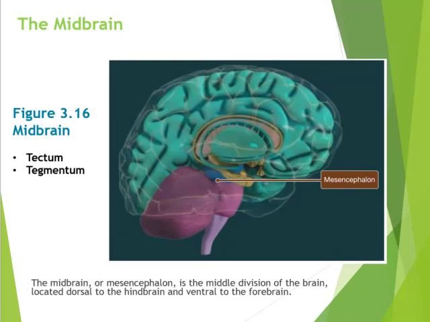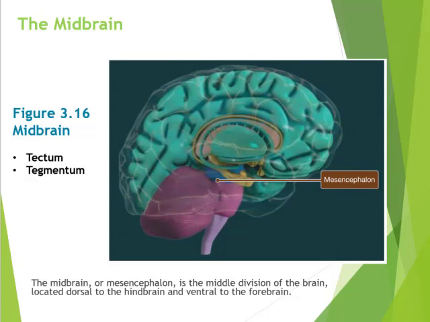The midbrain includes two major brain regions, the tectum and the tegmentum. The tectum is the roof or the dorsal portion of the mesencephalon. So you see the mesencephalon illustrated here. And its principal structures are the superior and inferior colliculi.